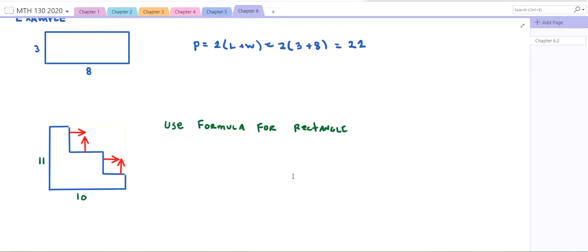Here I put it back in its original shape, and I've drawn some arrows to show the direction you pull the lines up, and I have the little yellow line to show the rectangle. So essentially then our perimeter is just going to be 10 plus 11 times 2. So this is 21 times 2 equals 42.